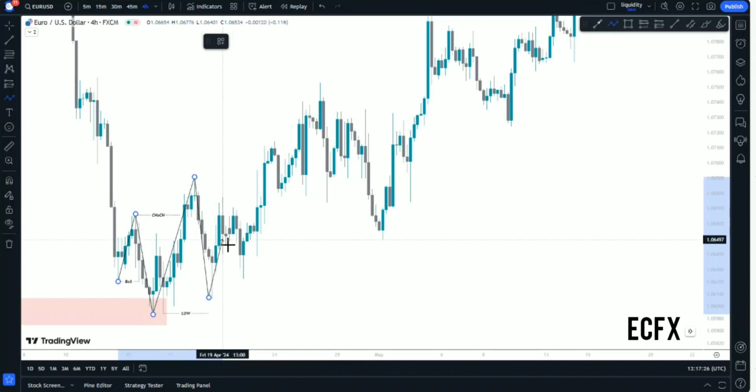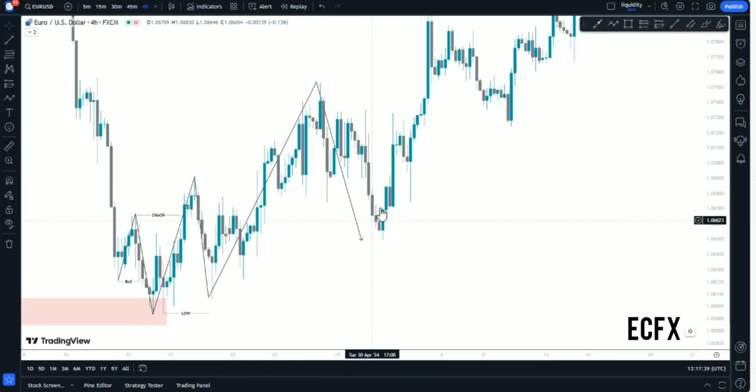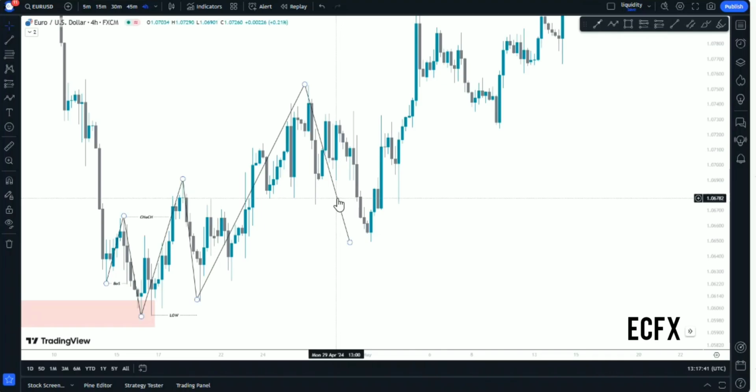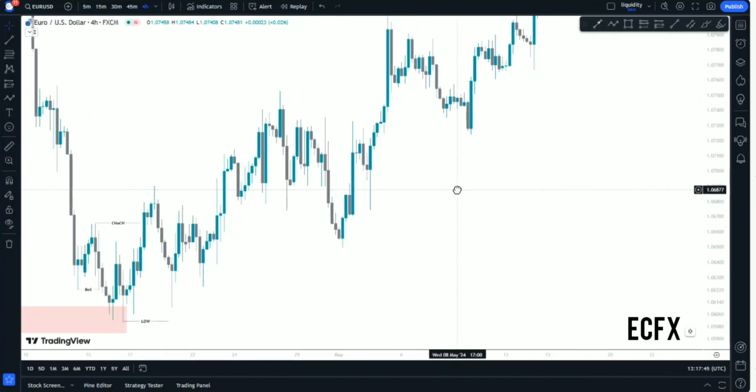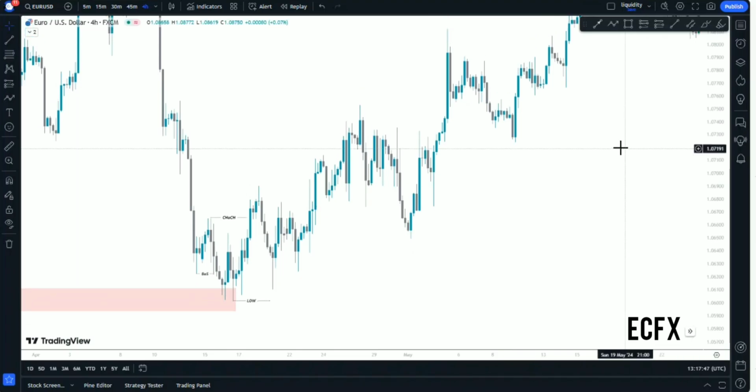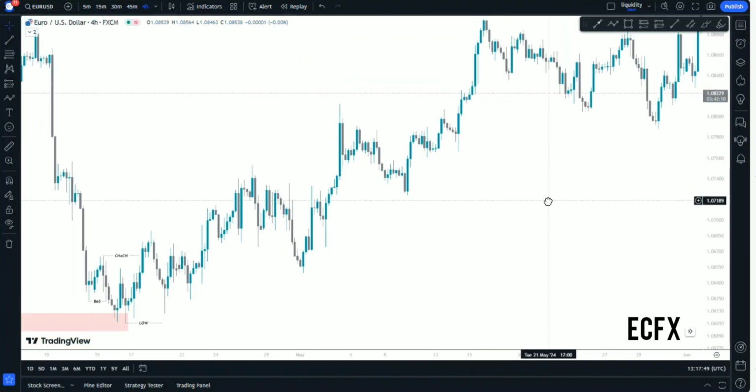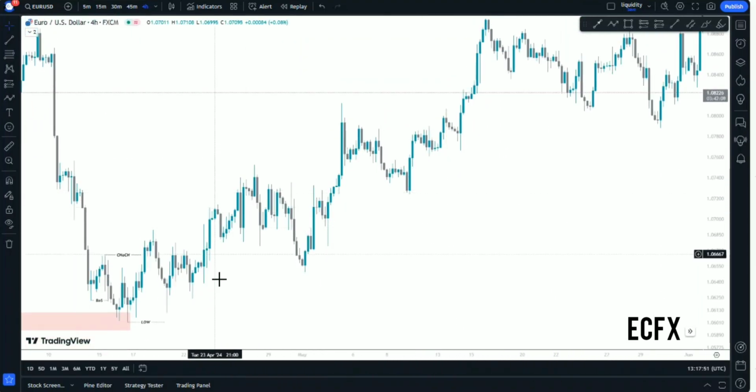Then price goes back up, causing some liquidity over here. Price goes back up, taking out the previous high, putting in place a new high, and then retraces back into a level that we would have looked for another trade from the upside. But before we look for any trades, we want to identify the trend, the momentum that the market is currently shifting in.